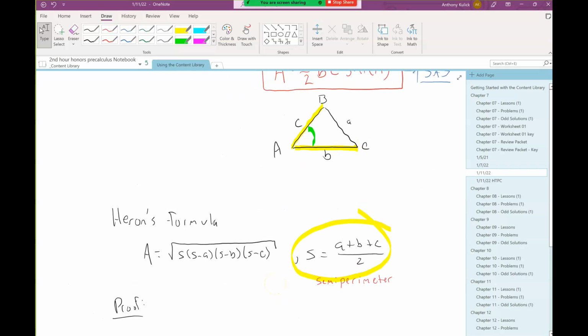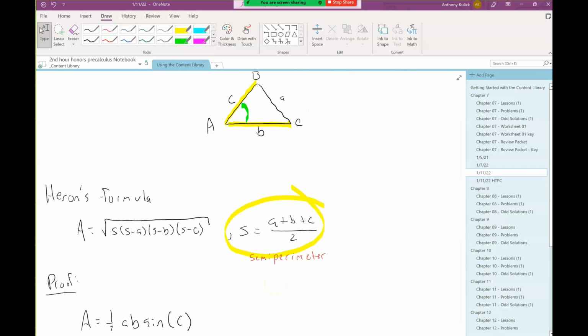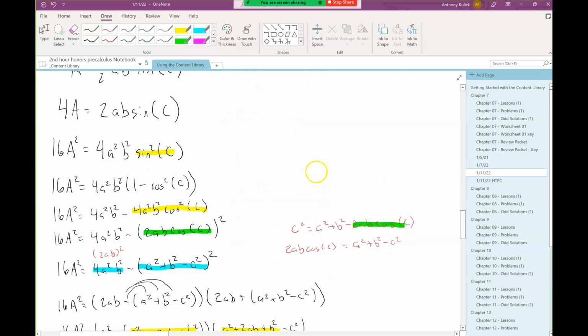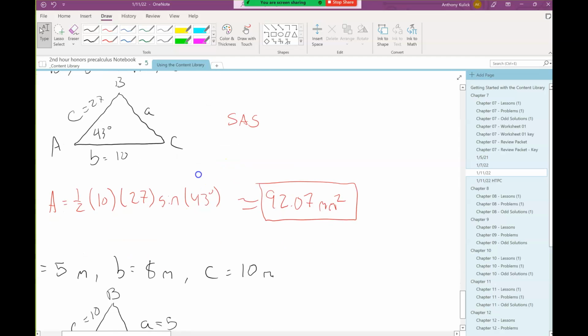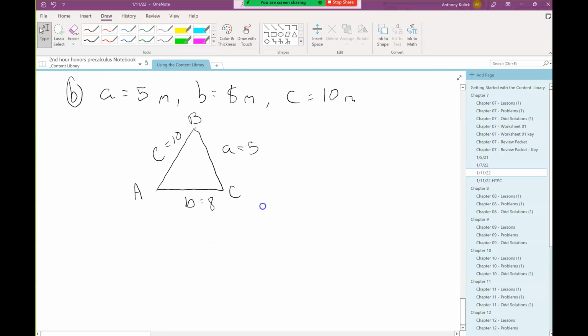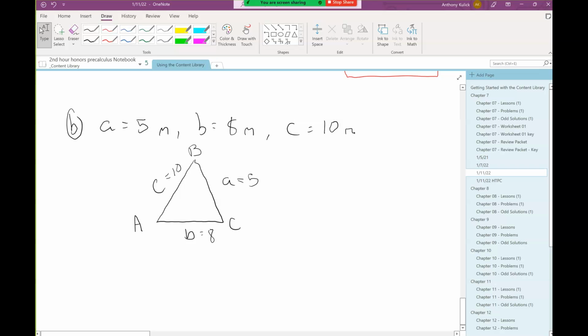It should probably go without saying, but Heron's formula, when would I want to use this? Yeah, side situation, right? So what situation do we have here? Side. So what am I going to use? Heron's formula.